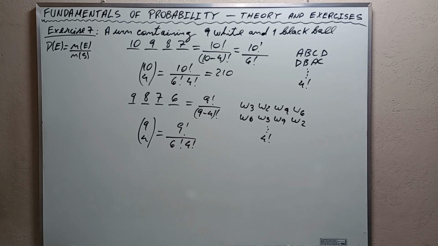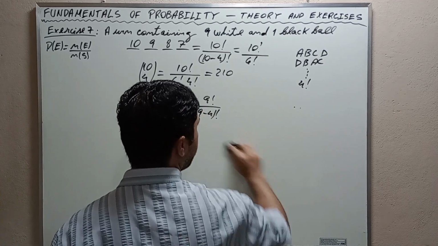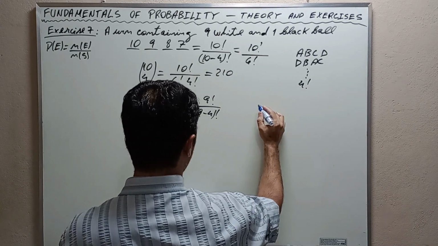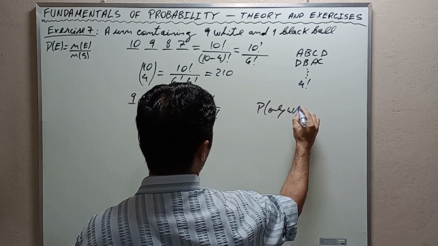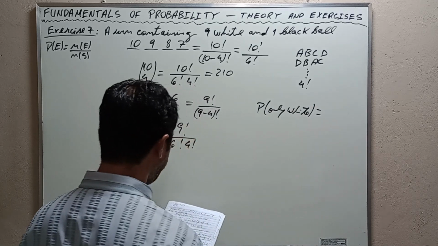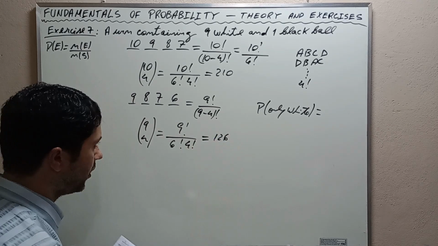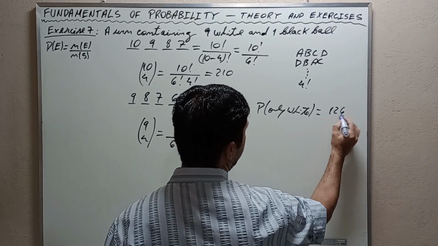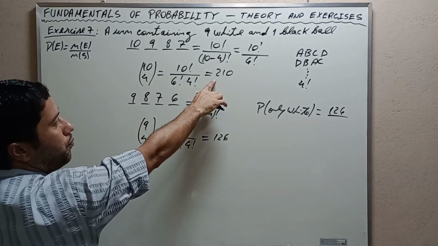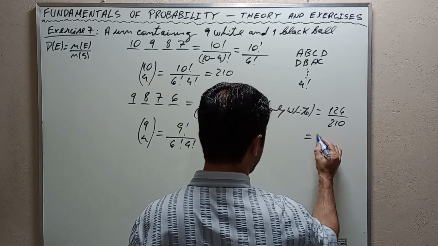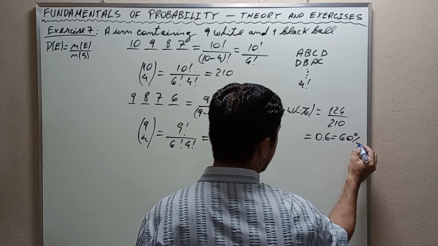And consequently, the probability of choosing only white balls is 126 divided by the number of possibilities of the sample space, 210, which is equal to 0.6 or 60% if you prefer.